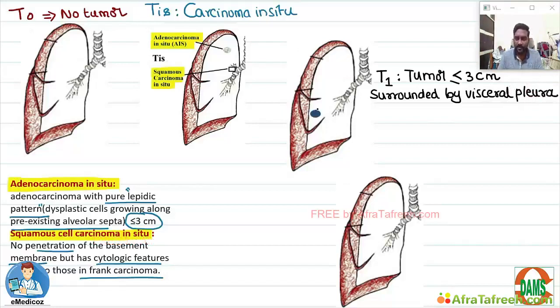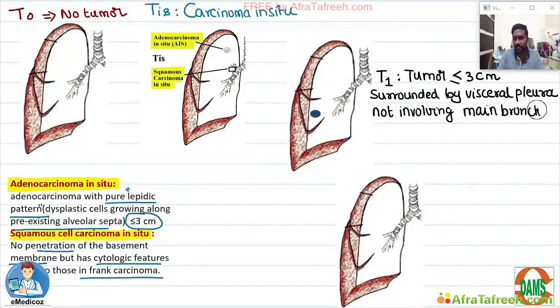You can see the tumor is isolated, less than or equal to 3 centimeters in size, and it is within the lung covering, the visceral pleura, not involving the main bronchus. You can see this in this image. So the size is important. It will be less than or equal to 3 centimeters, it is within the lung, and it is not involving any bronchus.